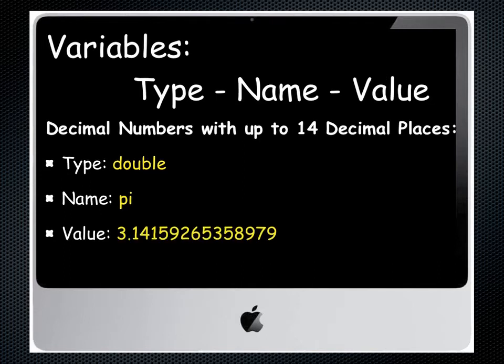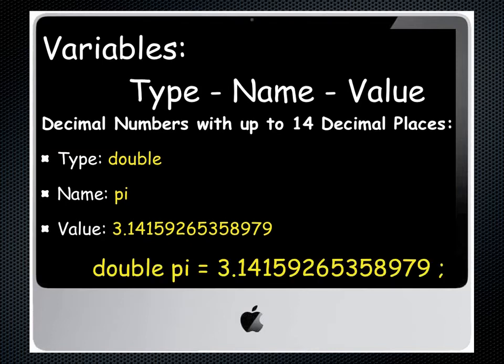And this is the value of pi, up to 14 decimal places. So our line of code would be double, the type, pi, the name, equals this value for pi, and remember it's followed by a semicolon.